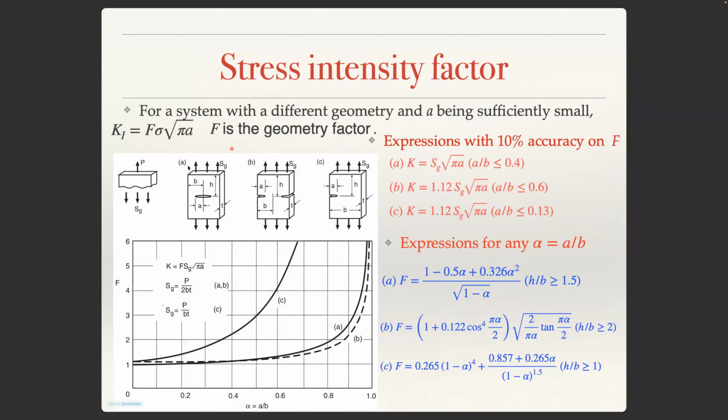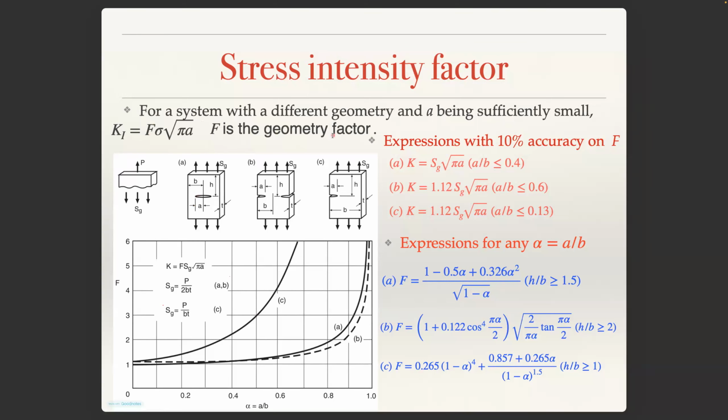All right. Now let us look at the stress intensity factor. We said if you have a crack length whose size is much smaller than the component size, then you can use K1 is equal to sigma root pi a. But if the specimen size and the crack size are comparable, then you need to add a geometric correction factor F here.